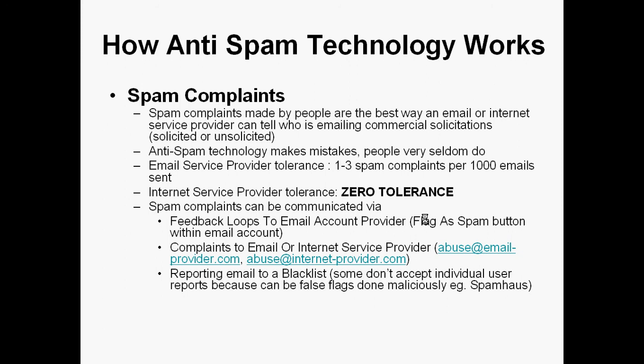And again, when someone reports an email to a blacklist, a lot of these blacklists don't accept individual user reports on spam complaints for a given email, because it obviously can be the kind of thing that can be forged.